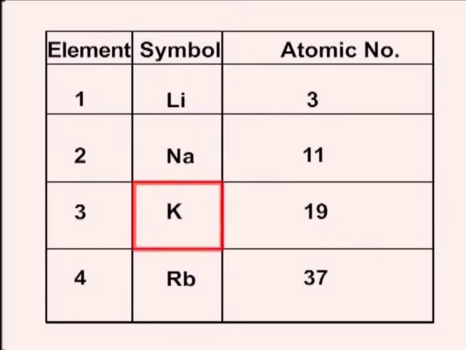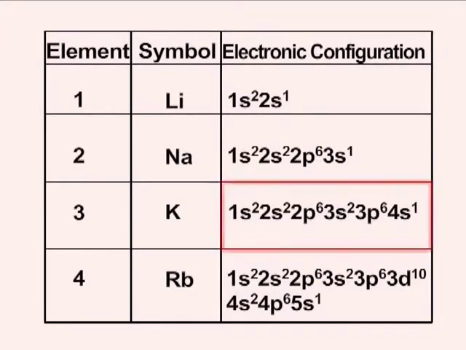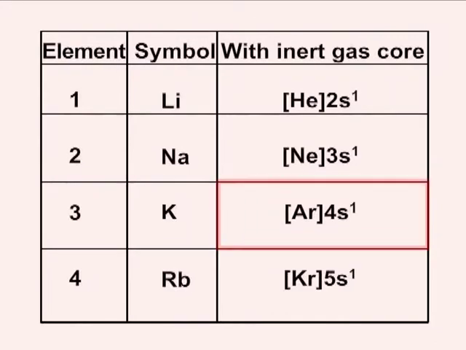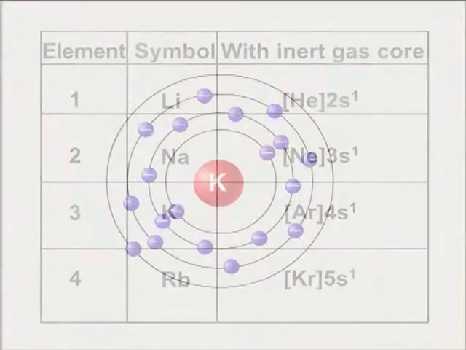Potassium is represented by symbol K. Its atomic number is 19. Its electronic configuration is 1s2, 2s2, 2p6, 3s2, 3p6, 4s1. Its electronic configuration with inert gas core is also shown on the screen.